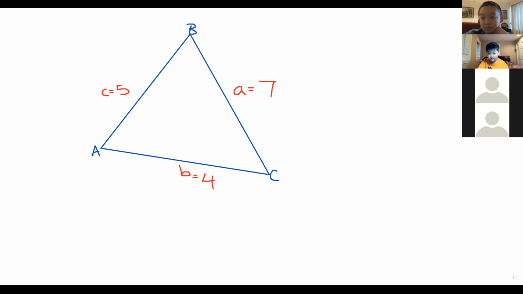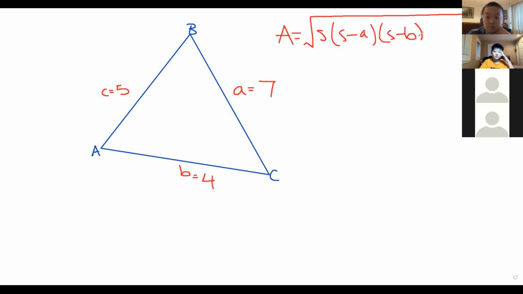Okay. Yeah. So what we're going to be using is the formula called Heron's formula, right? This is where you're told that the area for any triangle is equal to the square root of S times S minus A, S minus B, S minus C. This is a really long formula.